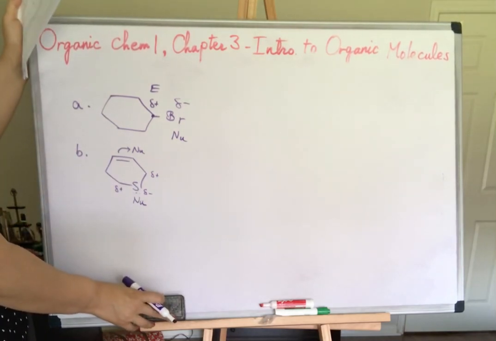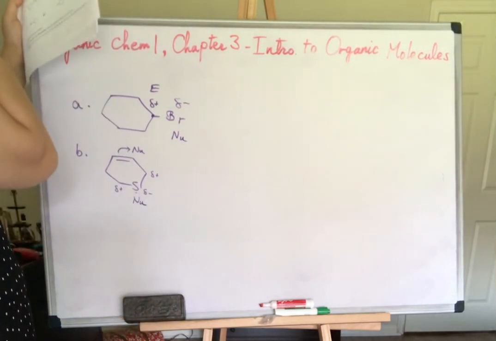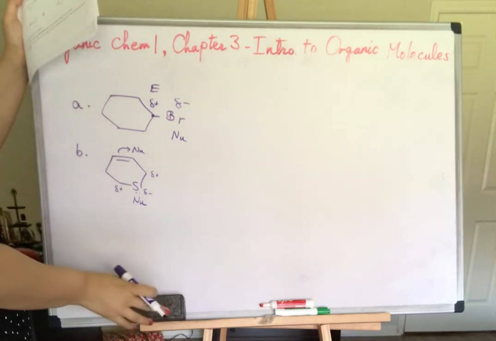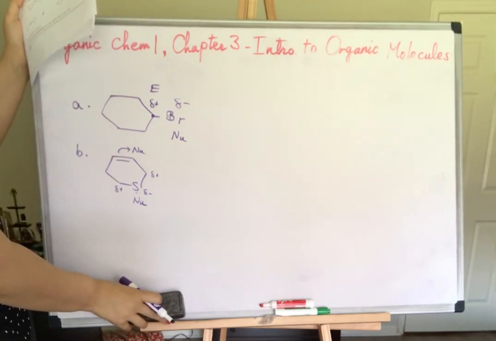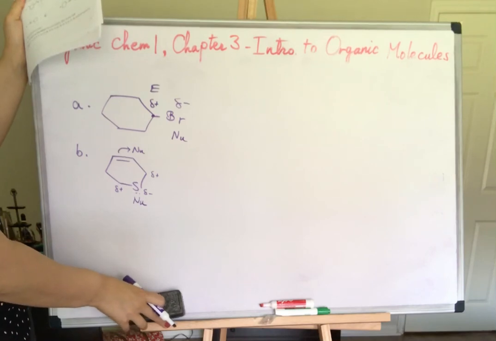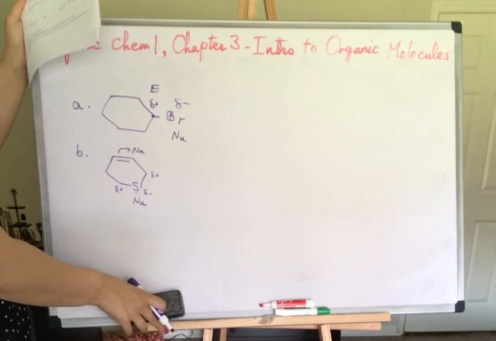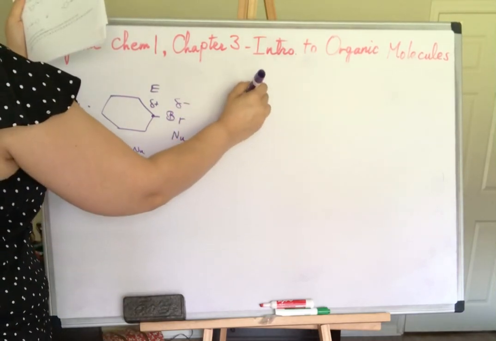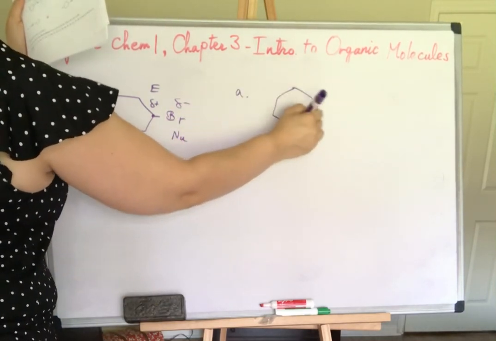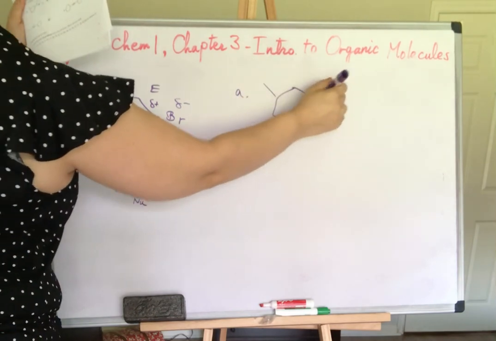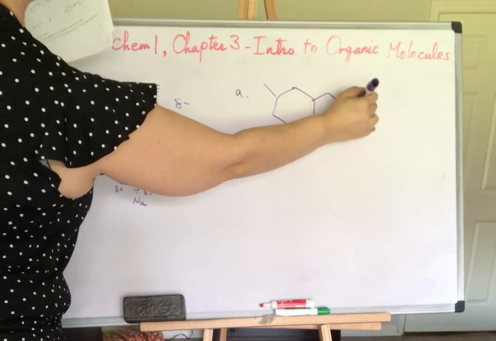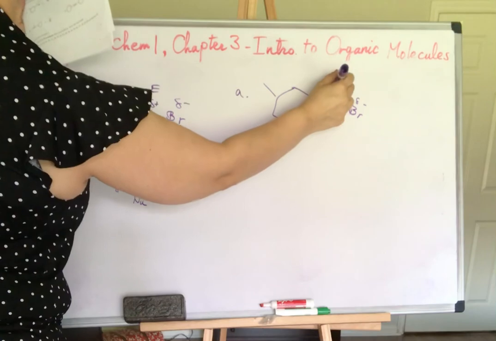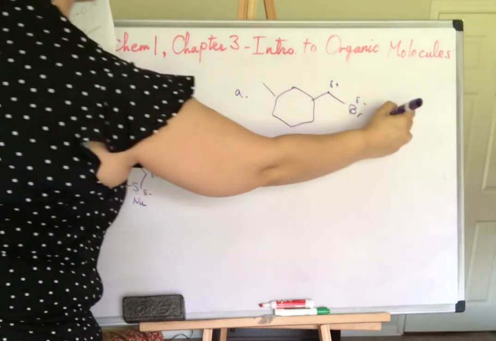And the last practice, considering only electron densities, state whether the following reactions will occur. If you predict a reaction, use arrows to indicate the attack of nucleophile to the electrophile. Alright, so I do it for A. We say here is partially negative, carbon is partially positive, and we have an OH.